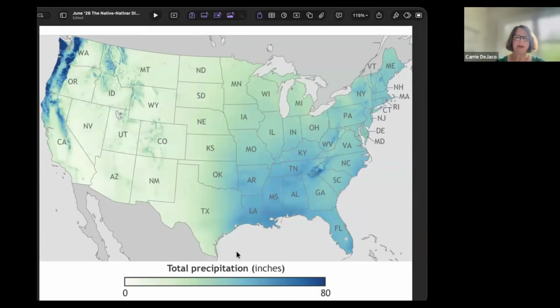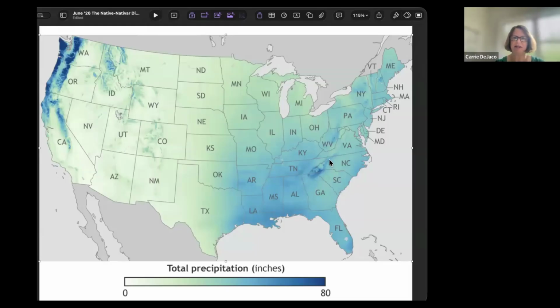This is a map showing average annual precipitation across the US. The darker the blue color is, the more rainfall we get. We can see that in West Texas, they certainly don't get nearly as much rainfall as I would get here. Just because we get the appropriate amount of rainfall in an area, that also doesn't mean that something is native to your area.